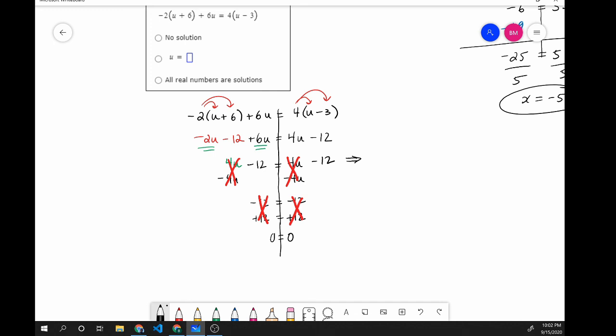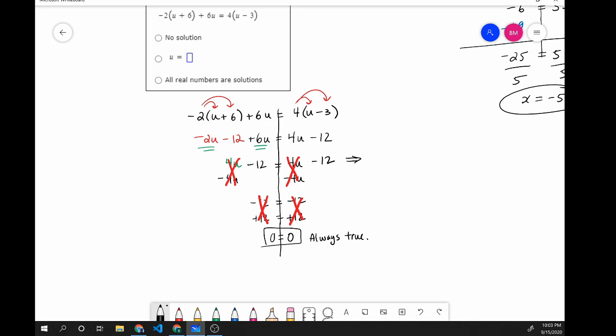So since we have 0 equals 0, no matter what u is, we can put u to be 100, or u to be 10,000, or u to be 1. This 0 equals 0 will always be true. So it's important to say always true. So no matter what u is, we have a solution.